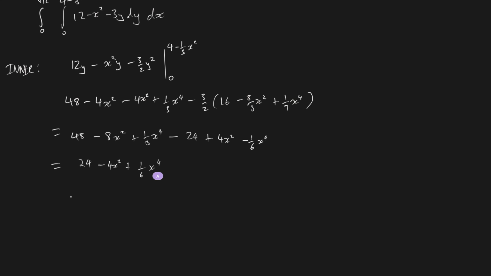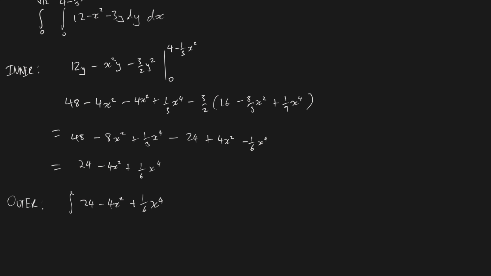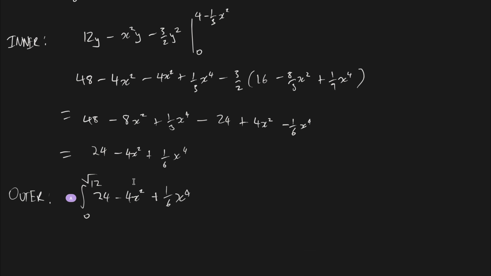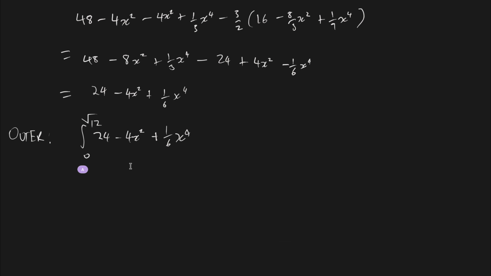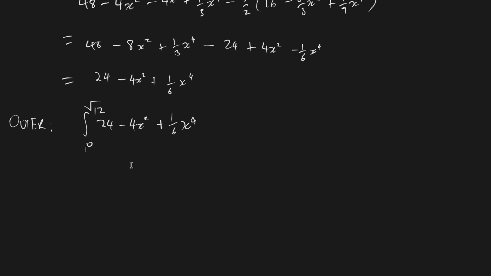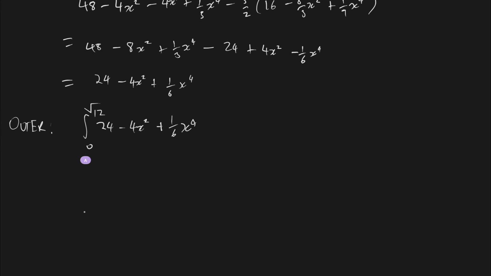We're going to now put that into our outer integral. So we're going to evaluate this integral. I hope I've got the signs correct here, guys. I really do. From root 12 to 0. In the comments, let me know if I've made a mistake here, guys.